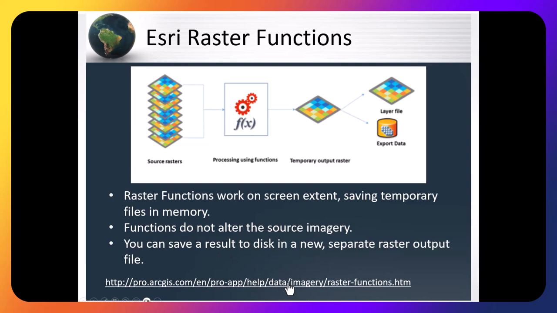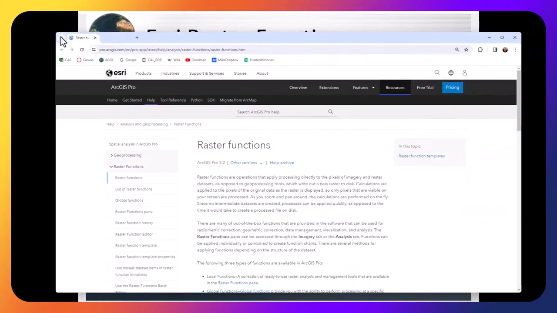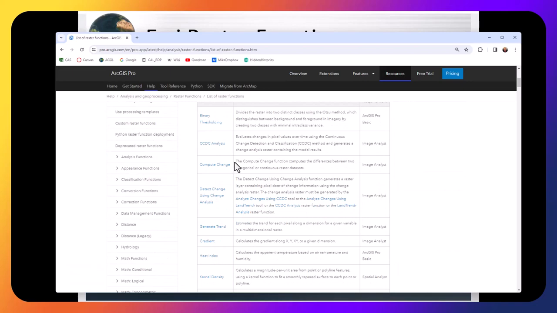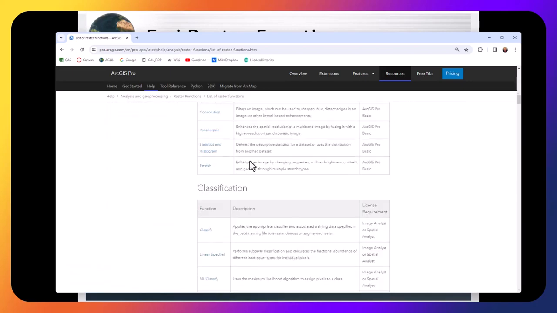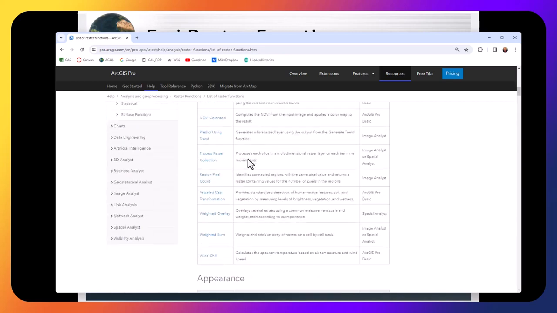You can read more about raster functions here, and I recommend you follow through on these links that are hot linked in this slide presentation. For example, that hot link brings up this content. Here are lists of raster functions, many of them, as you can see, and each of these has its own ability to click through.